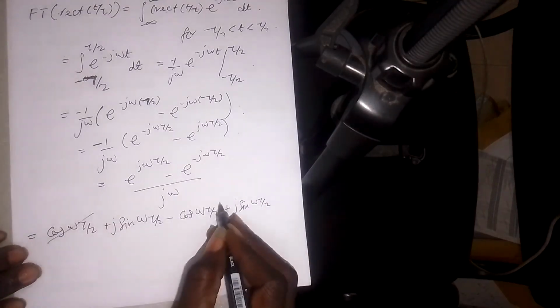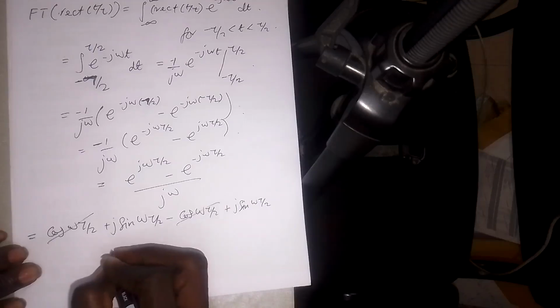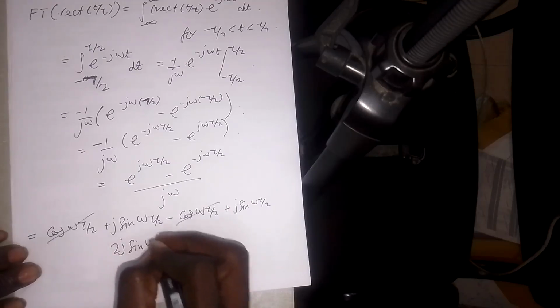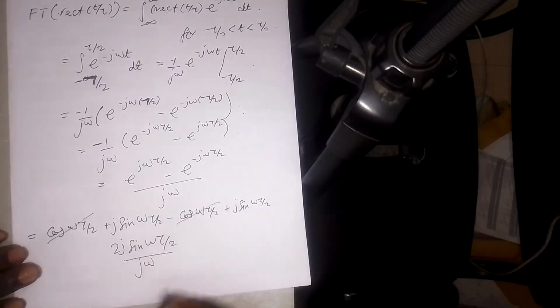You see that this guy will cancel this guy, and then you're going to have 2j sine omega tau on 2, over j omega.